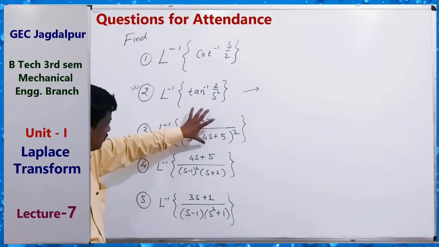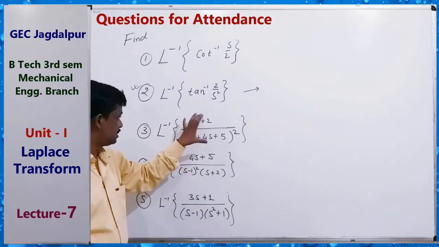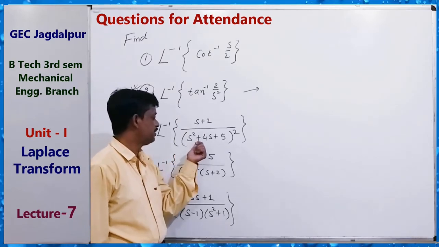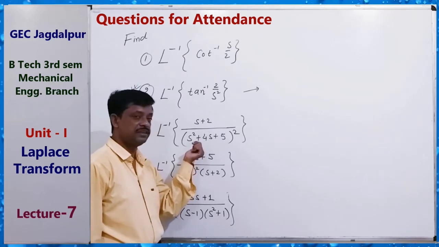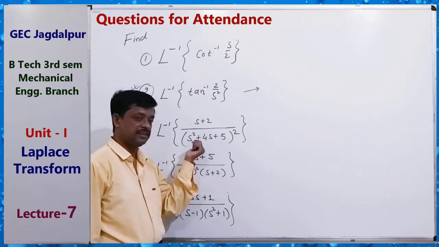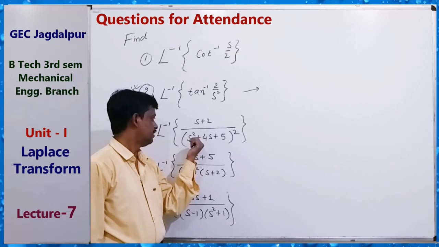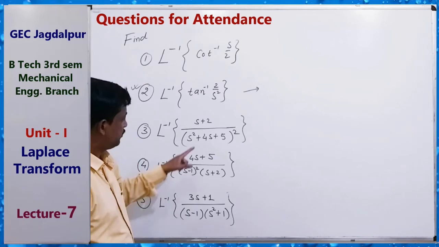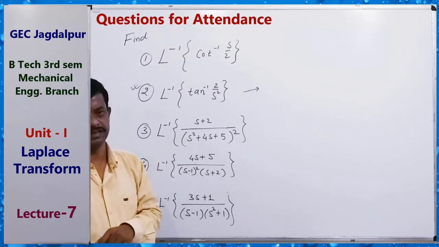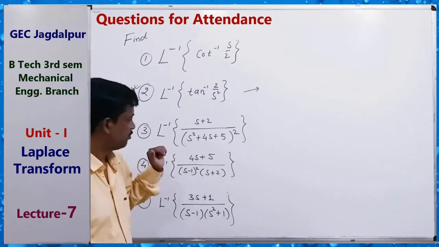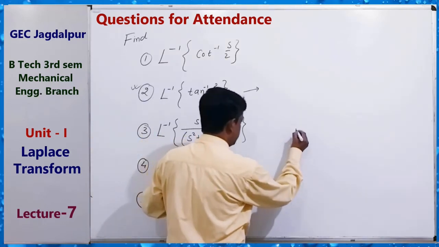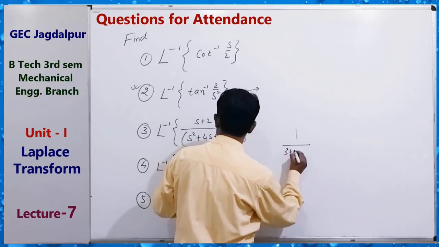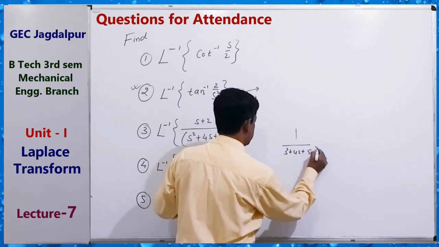You see, this is a rational function, but here one thing is, this function can be a derivative function. Suppose 1 upon s square plus 4s plus 5, this.